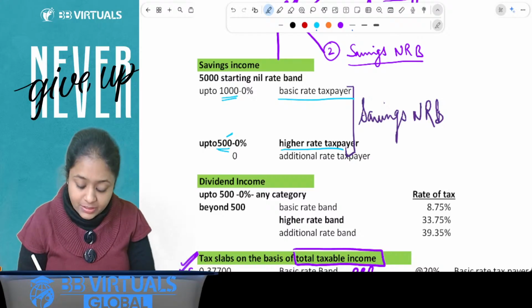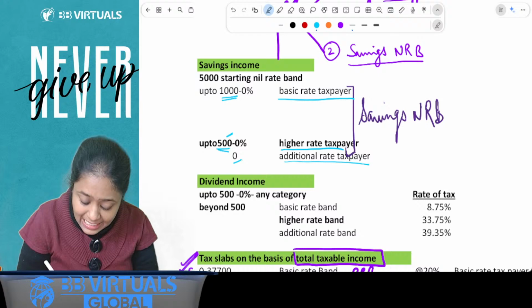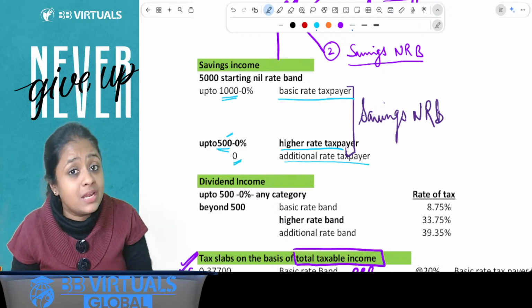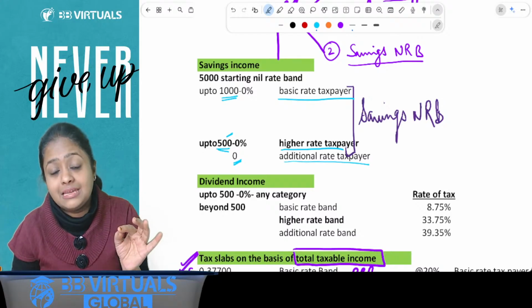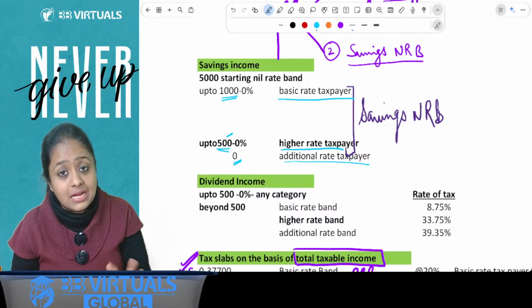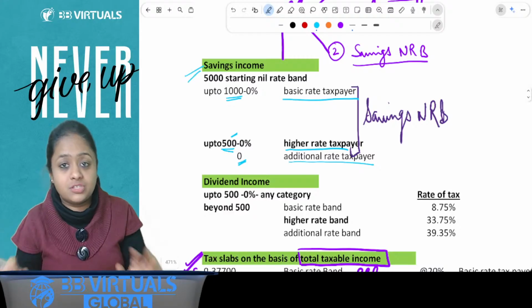If he is an additional rate taxpayer, he is very rich, so he will not get any nil rate band. So the savings nil rate band is only available to basic rate and higher rate taxpayers: 1000 and 500. And again, you don't need to learn it. This would be given to you in your tax rates and allowances chart.